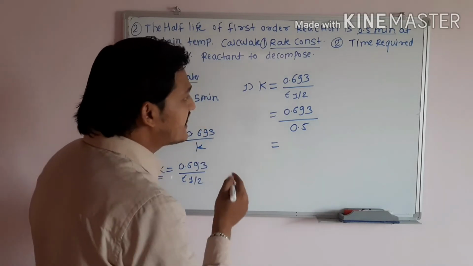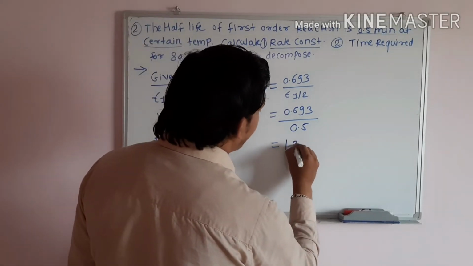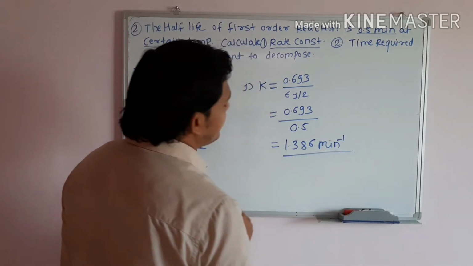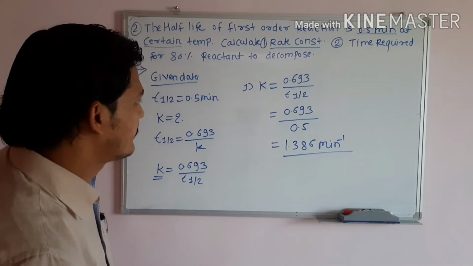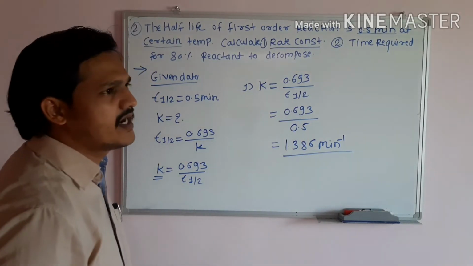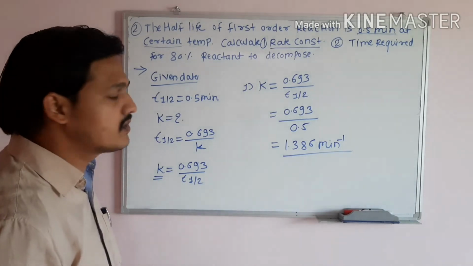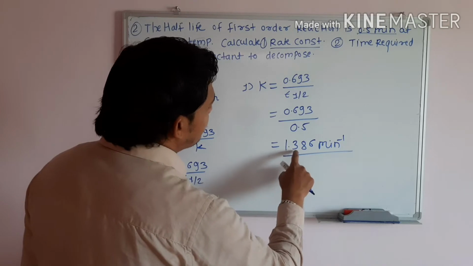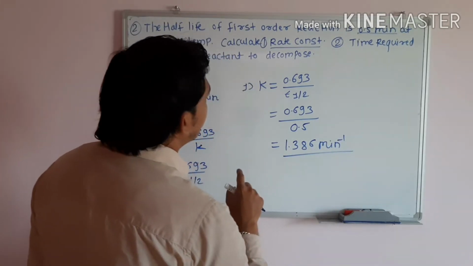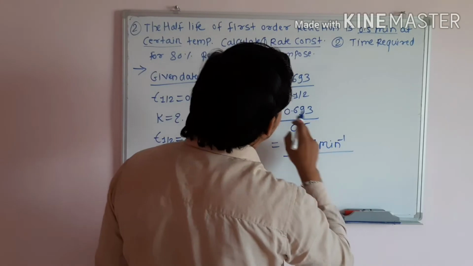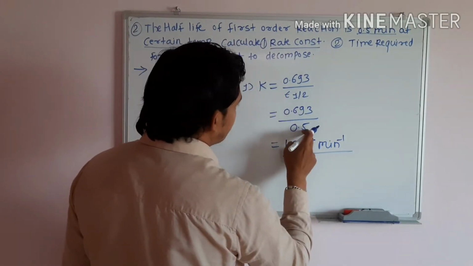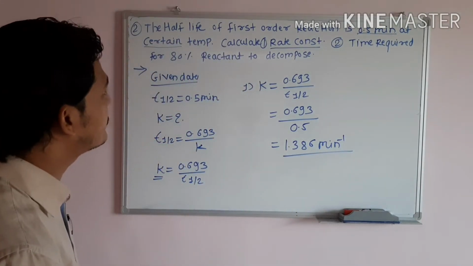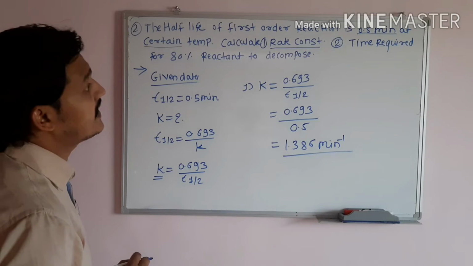So I am directly writing the answer: 1.386 per minute. Okay, you all know basic calculation, log and antilog. You should know it. So 0.693 upon T1/2 is equal to 1.386 per minute. Okay, because half life is given in minutes, so after putting 0.5 minute here, it becomes per minute. This is the answer for rate constant K.